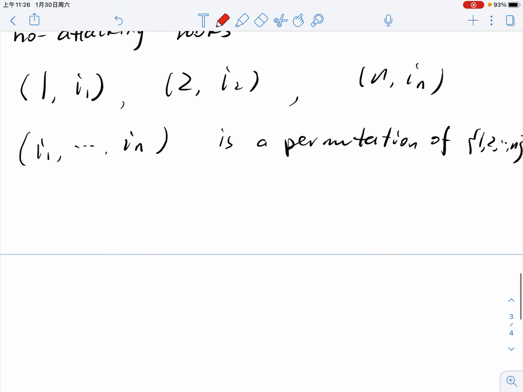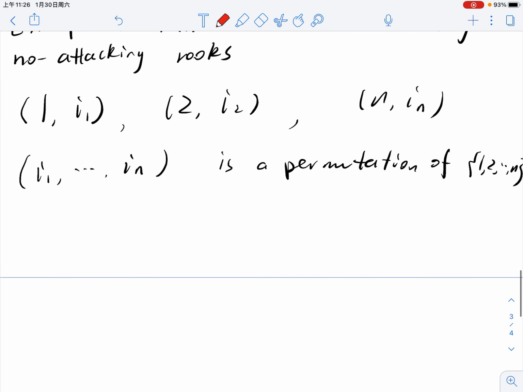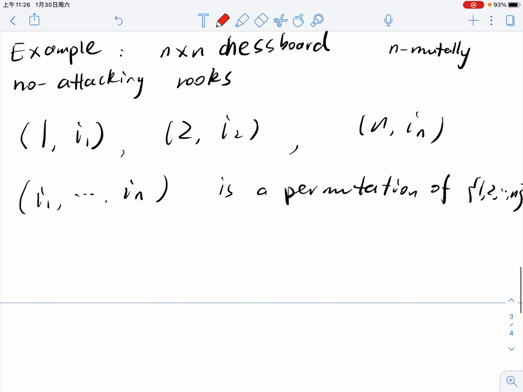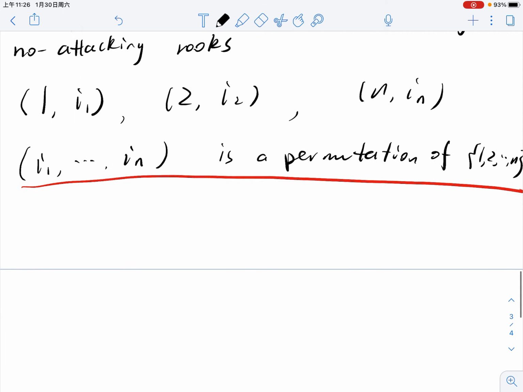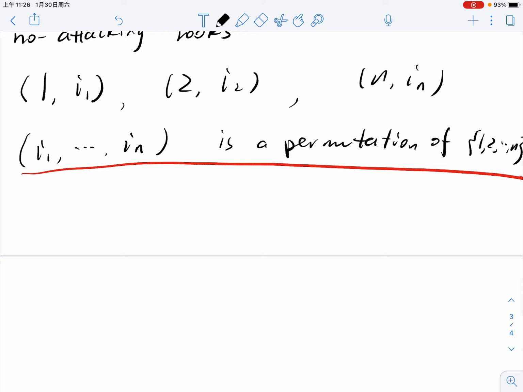Okay, so that's how you understand this statement. As soon as you accept this, then the number of ways to put n non-attacking rooks will be n factorial.